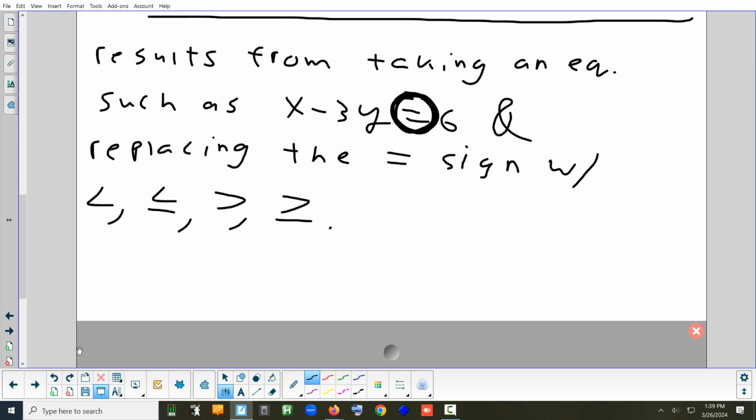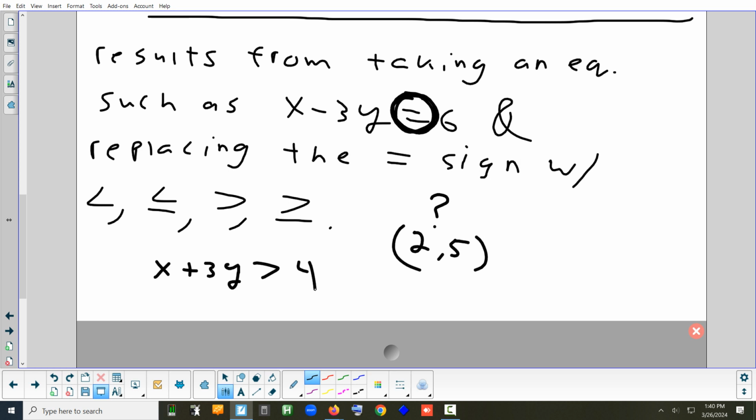When we find a solution, we're looking for an X and a Y. Let's say I picked 2, 5, which I just made up. I want to know if that is a solution to, let me make up something, x + 3y > 4. How would I check if that is a solution?